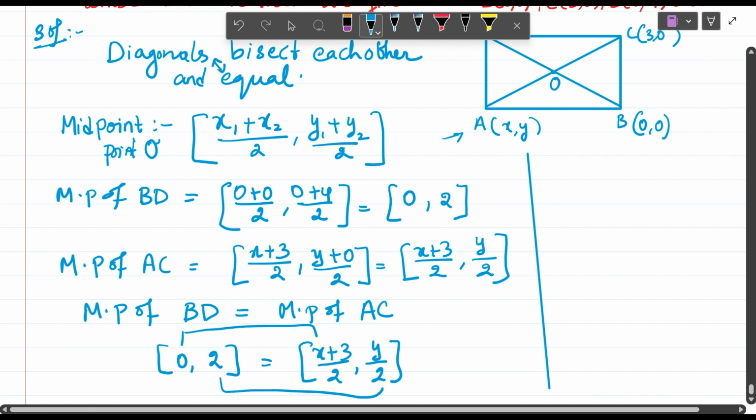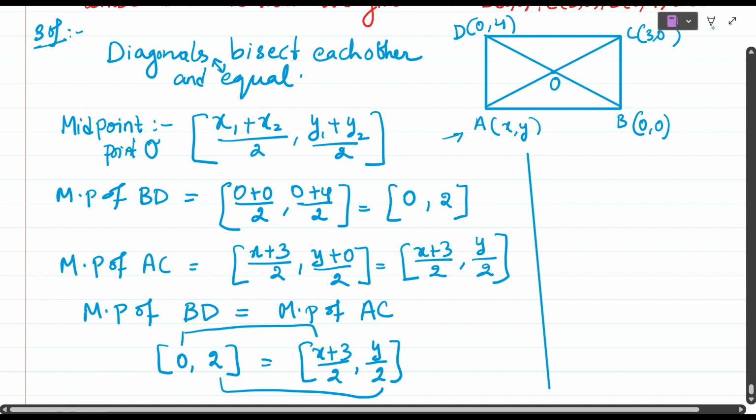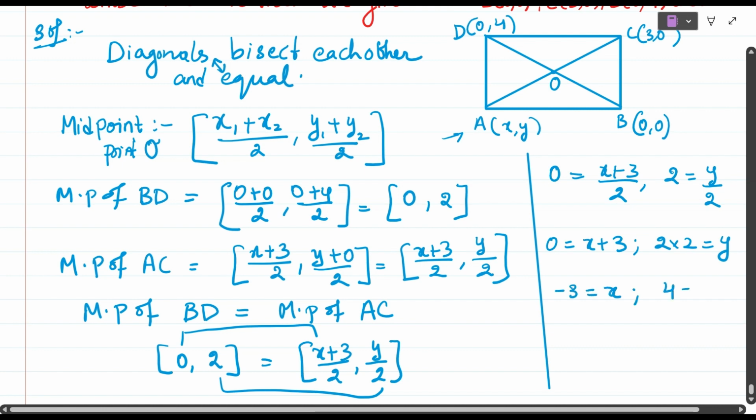So 0 equals (x plus 3) by 2, and 2 equals y by 2. Now solve: 0 equals x plus 3, and 2 into 2 equals y. So minus 3 equals x and 4 equals y. So the coordinates of point A of the rectangle are minus 3 comma 4.